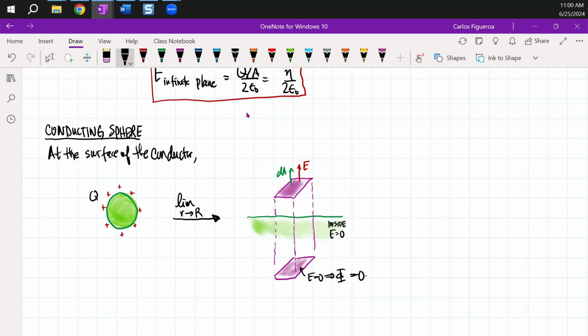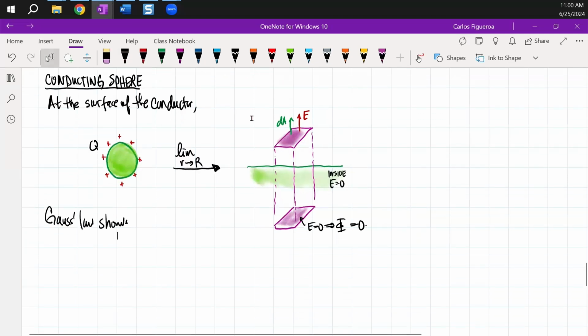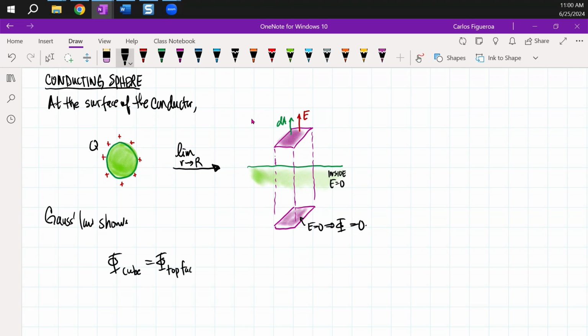So when I look at this thing, we could then say that Gauss's law shows that if I now look at the flux of the cube, I only have to consider the flux at the top face. And at the top face, this is just E times A, which is then equal to Q divided by epsilon naught.